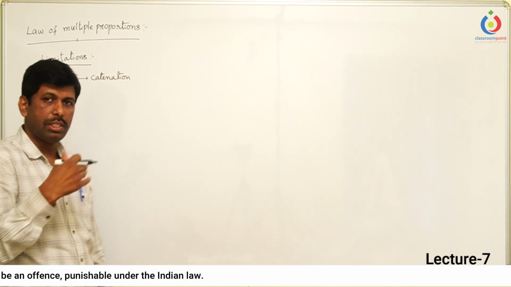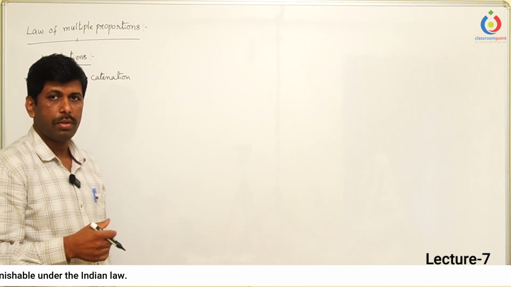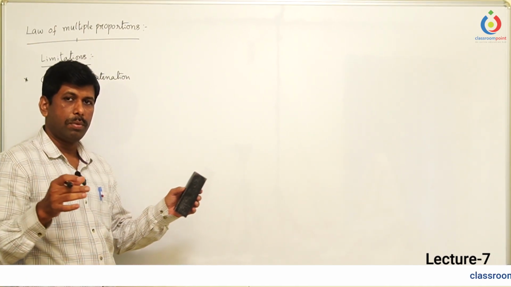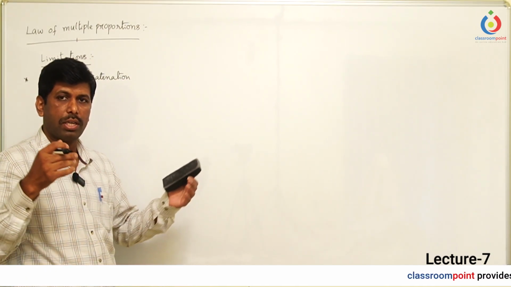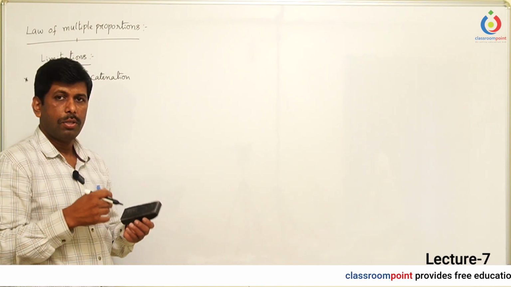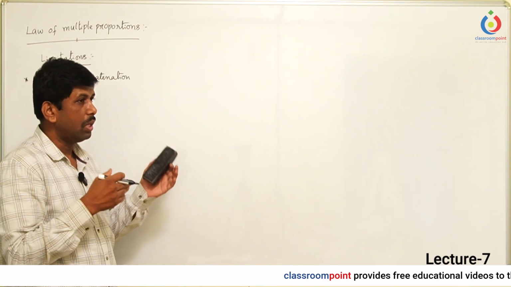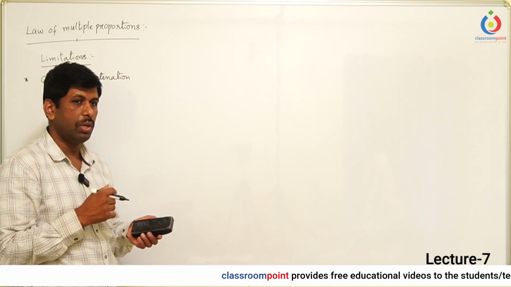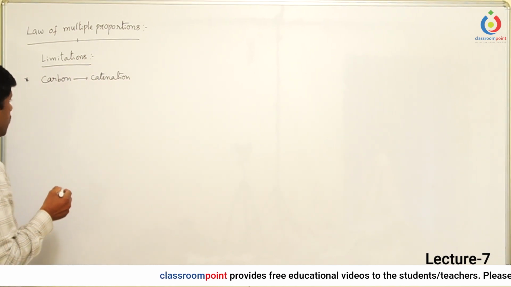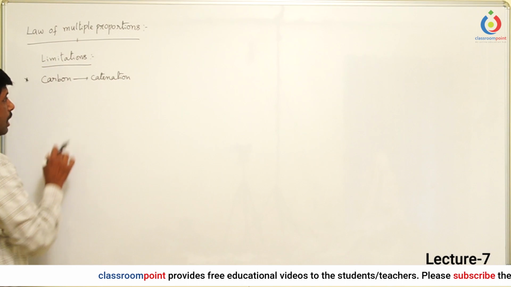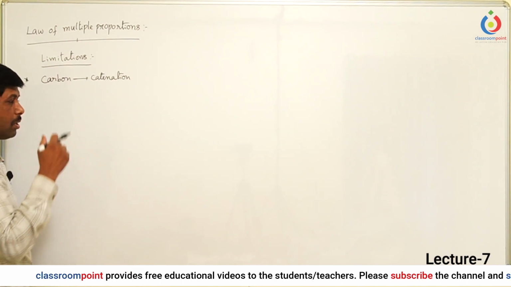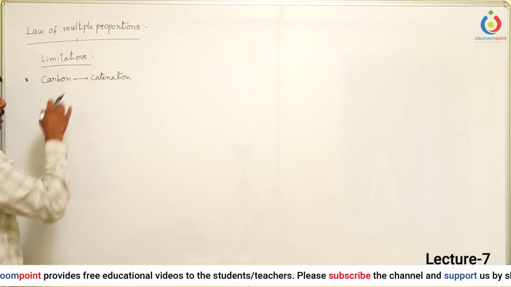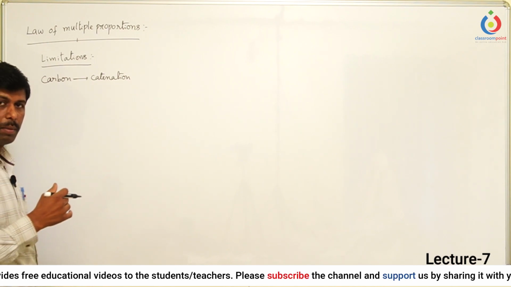Catenation property means the chain-forming nature. So it forms a large number of compounds because of its highest catenation capacity. So can those compounds follow the law of multiple proportions or not? Usually they will not. The reason is that when carbon has the catenation property and forms various compounds, the law of multiple proportions cannot be applied there.